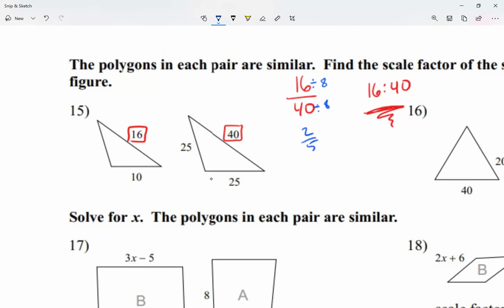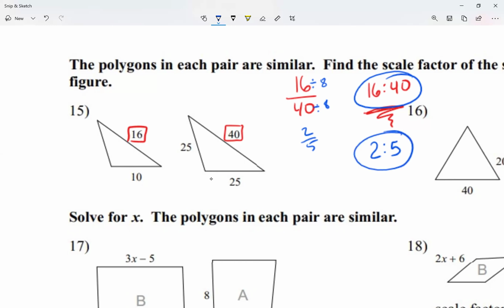Well, guess what? 16 colon 40 will simplify to 2 colon 5. That's going to be my scale factor. This is how we're going to write scale factor. We're going to use the colon method. However, make sure you simplify your numbers. I'm going to simplify both of my numbers by the same thing. 16 and 40, I divide them by the same thing. So my answer is 2 colon 5. Again, all together, no spaces.